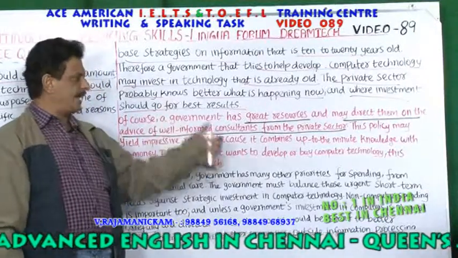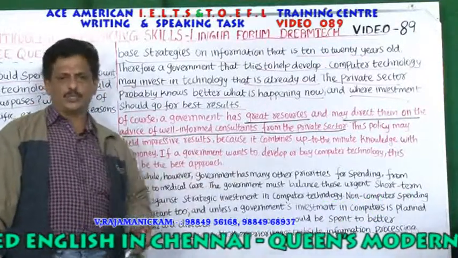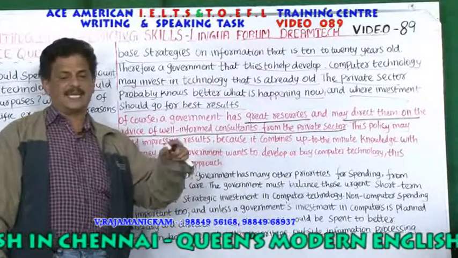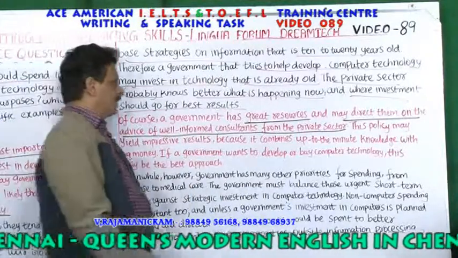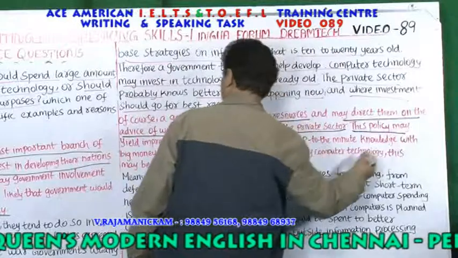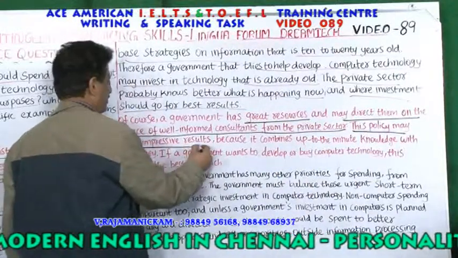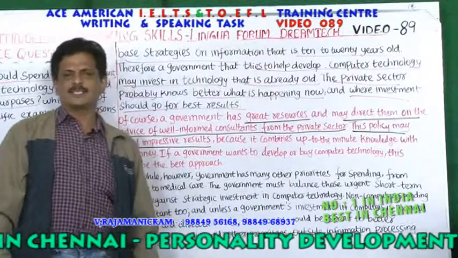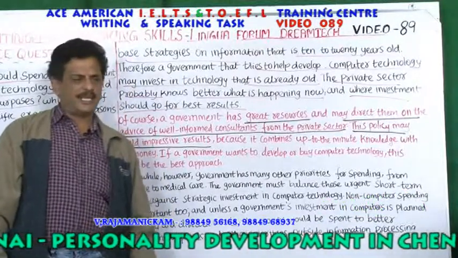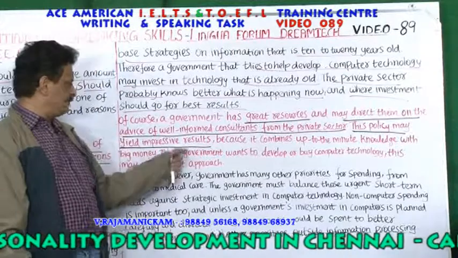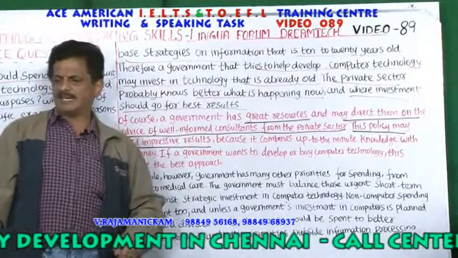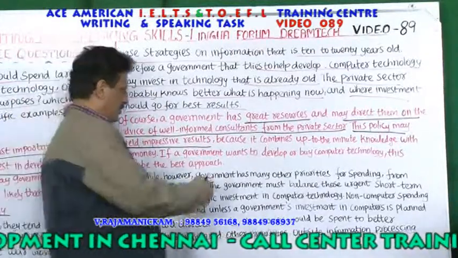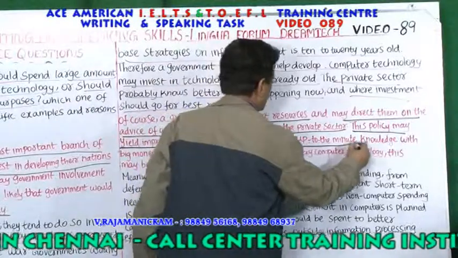They tell how to do and what to do, but these people are directed by the private people. This policy may yield impressive, good results. The government with a lot of resources, getting advice from the private sector, can get great results, because it combines up-to-the-minute knowledge.